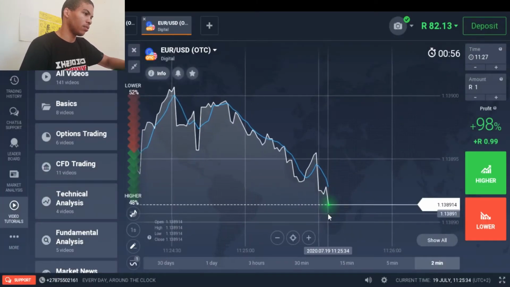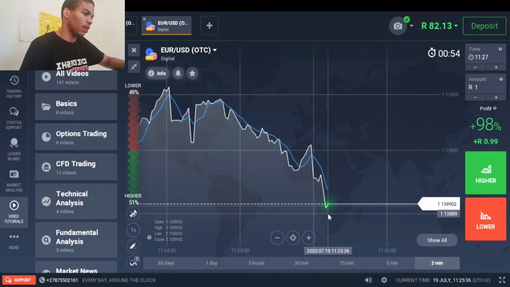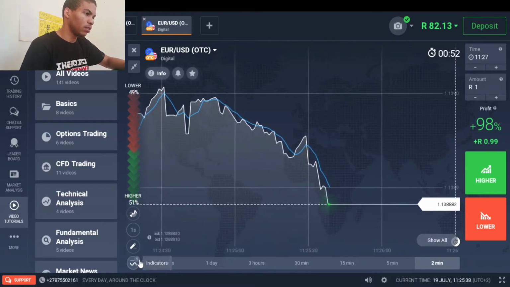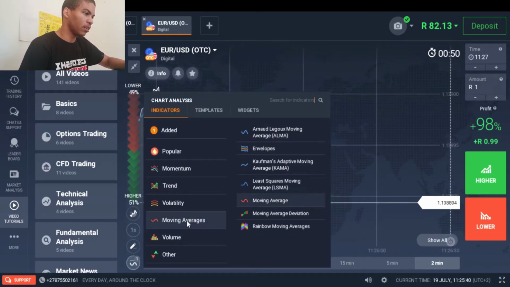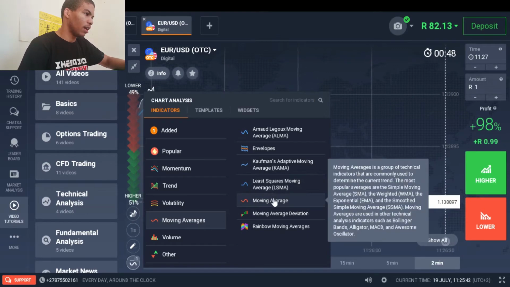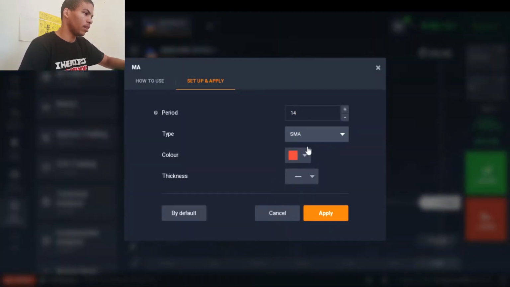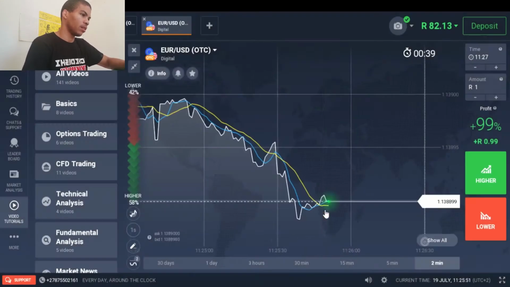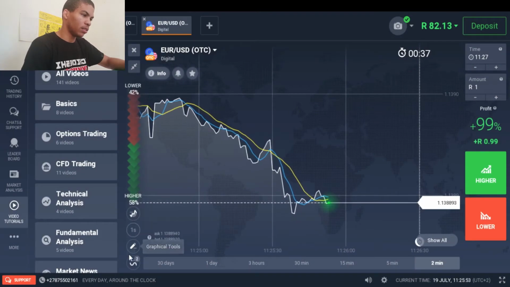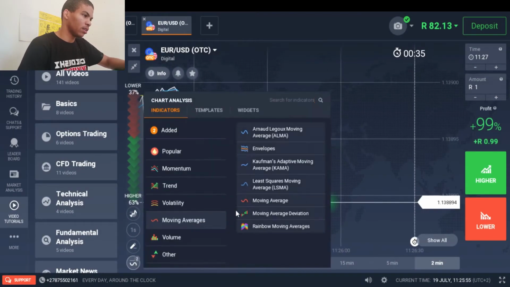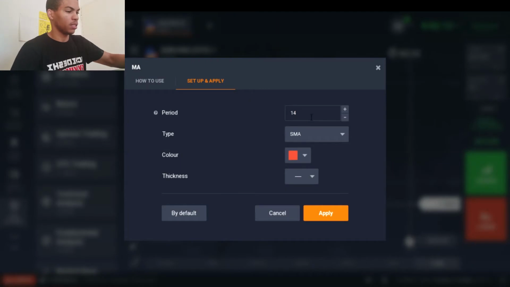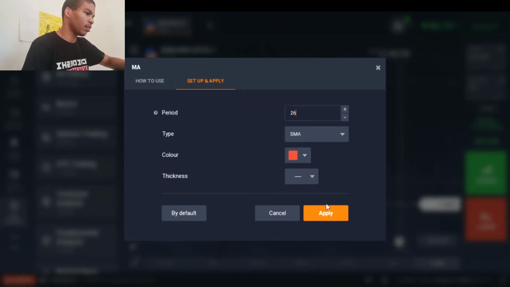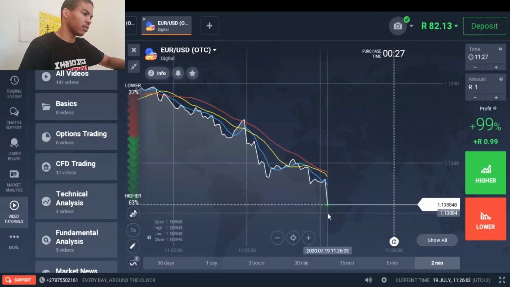Then the next one is moving average again, and now it's 14, but this color is yellow. The last indicator we use is 26, and we keep it on red and say apply.